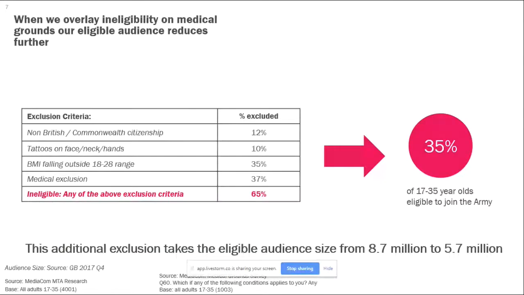But there's a number of other elements that make it even more challenging. Asthma is an issue, beards are an issue, and the other element, which is quite interesting, is BMI and the ranges that you need to be within. So for people that want to join, a lot of the time they need to do a little bit of work beforehand to get fit, which is another challenge that we have.